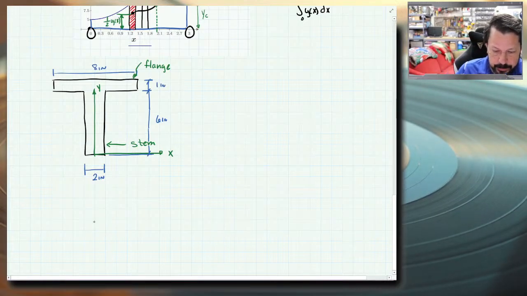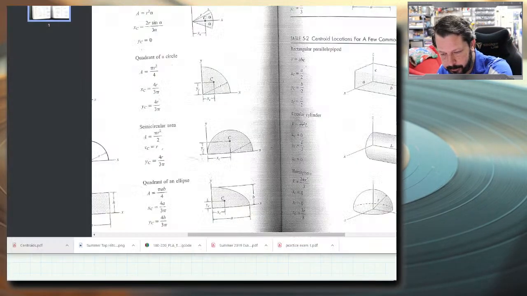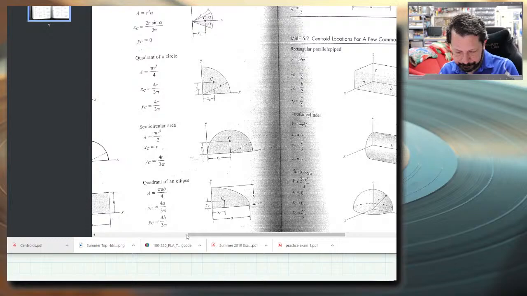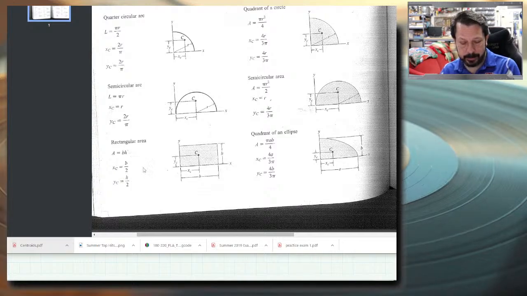My chart has equations for the rectangular shapes, and we know them intuitively. X sub c is half of the base, y sub c is half of the height. We know that.